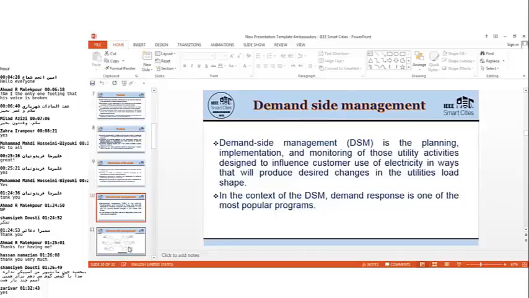But as you know, we have some peak periods, for example, early in the night, in which lights and other devices are on.